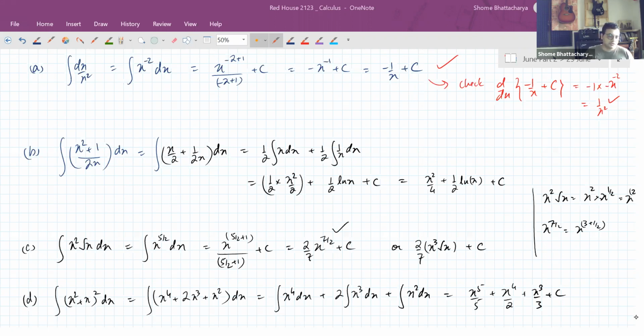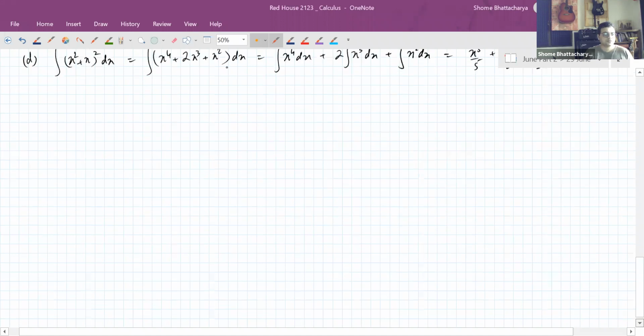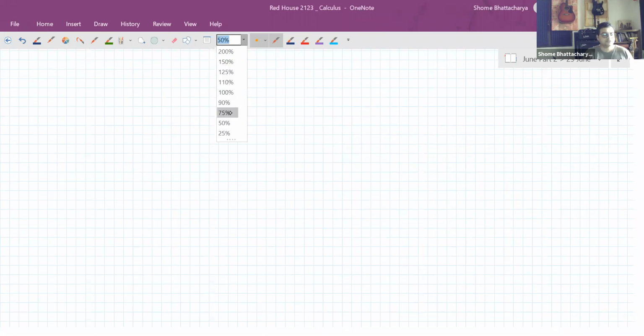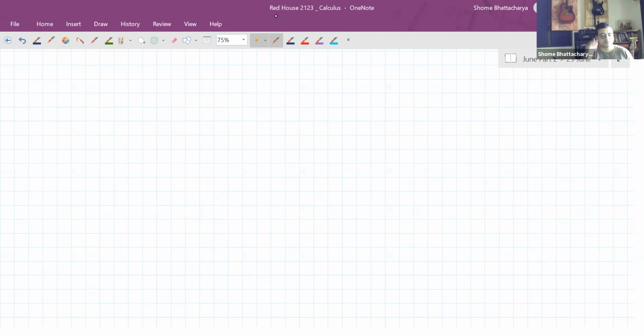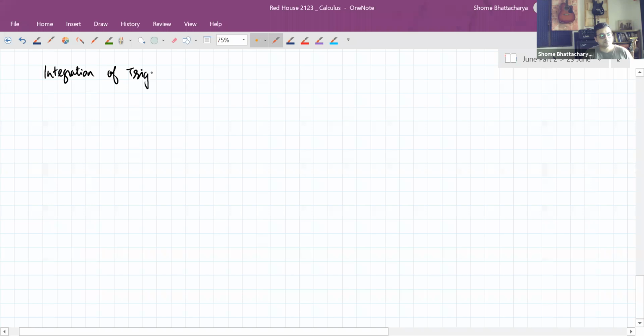Okay, so hope all this is clear to all of you. Let's move on. Now the next thing we will see is the formulae for the basic trigonometric functions. So the sine and cos terms are pretty easy.